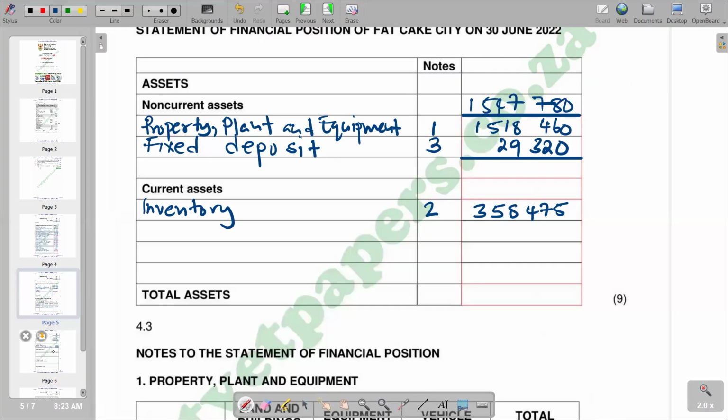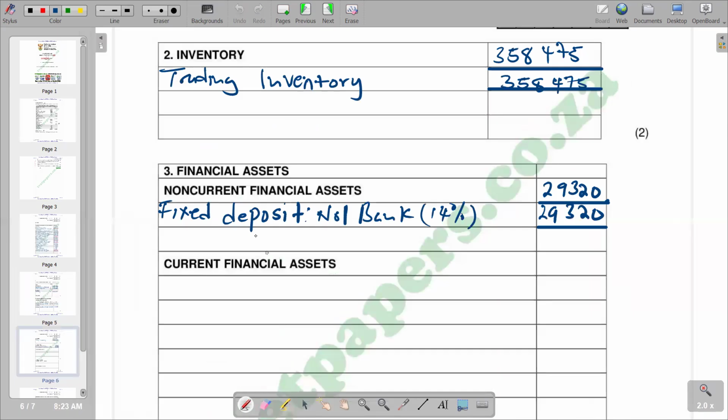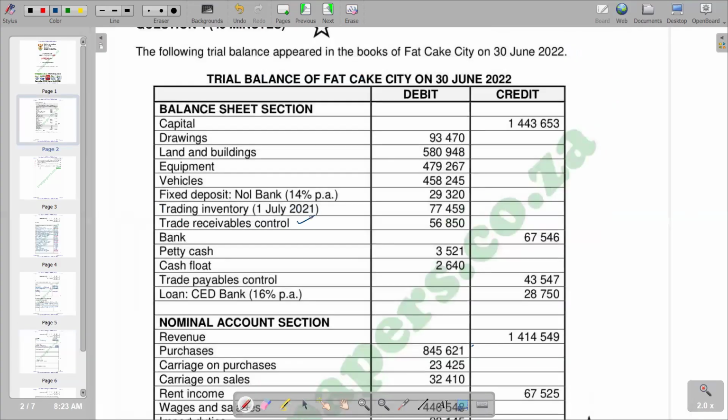Then we move on to the next note, whereby we go to current financial assets, where we look for trade and other receivables. We refer back to the question. We see that we've got trade receivables control, 56,850. If we had other receivables like prepayments of expenses or accruals of income, we would also list them, but in this case, we only have 56,850 being represented by trade receivables control.